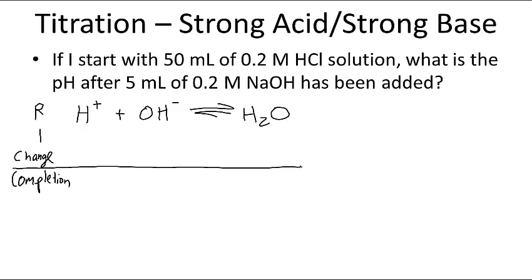Now, how am I going to fill in my chart? Things get a little bit tricky here. So I have 0.2 molar HCl, I have 0.2 molar NaOH. Should I put in initial values of 0.2 and 0.2? Do I have the same amount of HCl and NaOH?